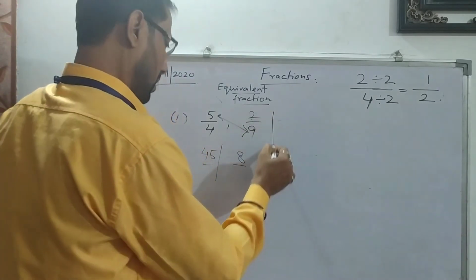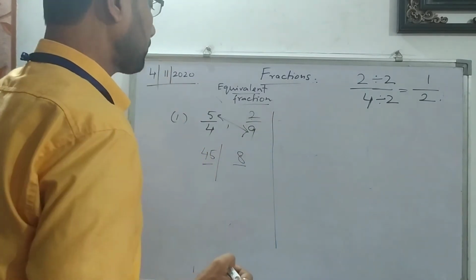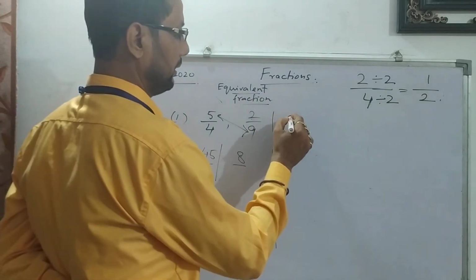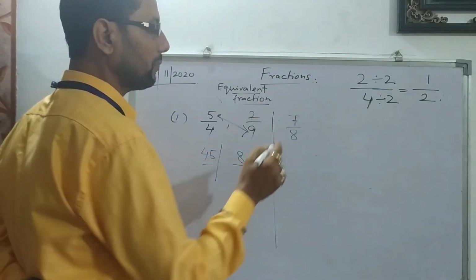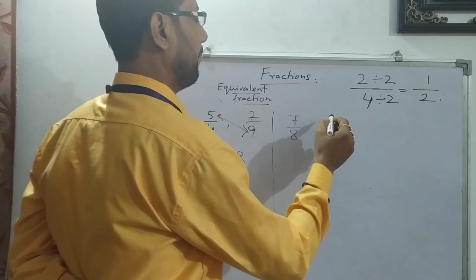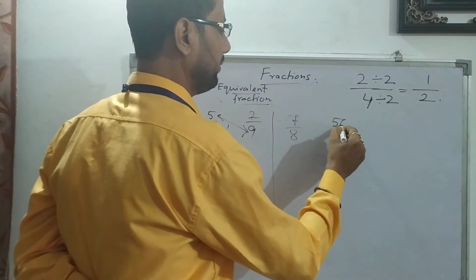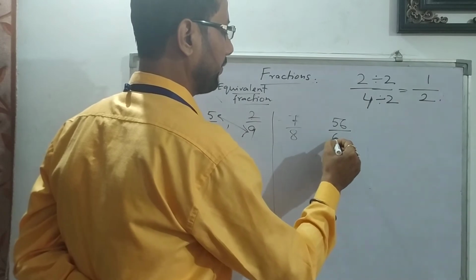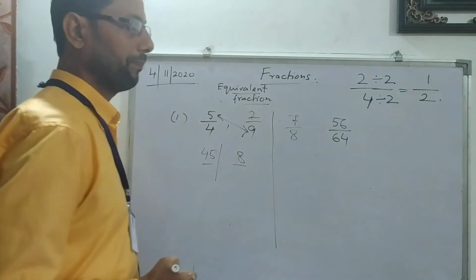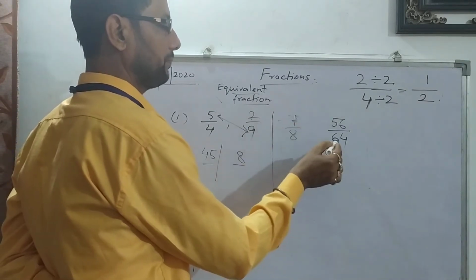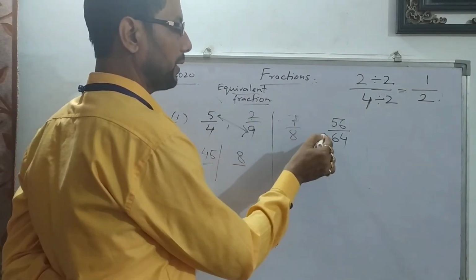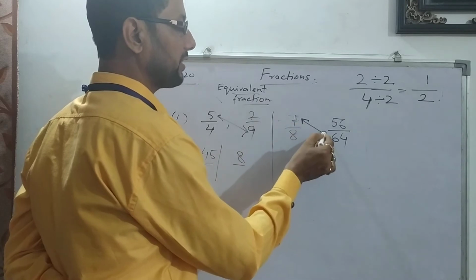Now another one. Suppose 7 by 8 and 56 by 64 I have given. Now what will I do? I will do the cross multiplication to find whether the fractions are equivalent or not.